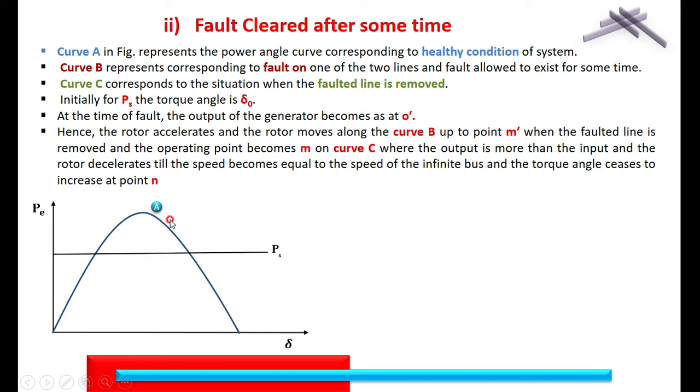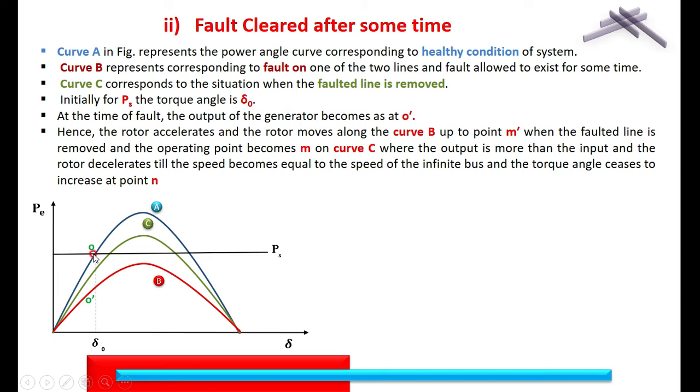When a fault occurs, the power angle curve will drop because the reactance is increasing, so it drops to curve B. Subsequently, the fault is cleared, therefore the power angle curve increases to curve C. That is, A is for pre-fault, B is for during the fault, C is for after clearing the fault. Previously the point is operating at O.